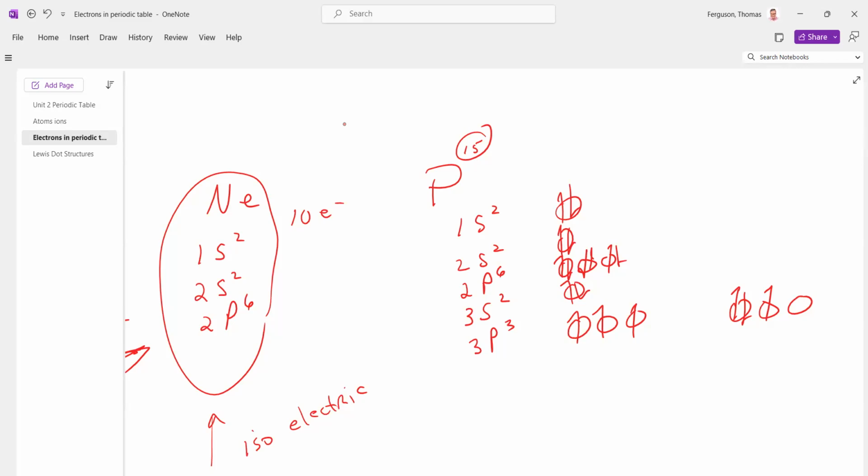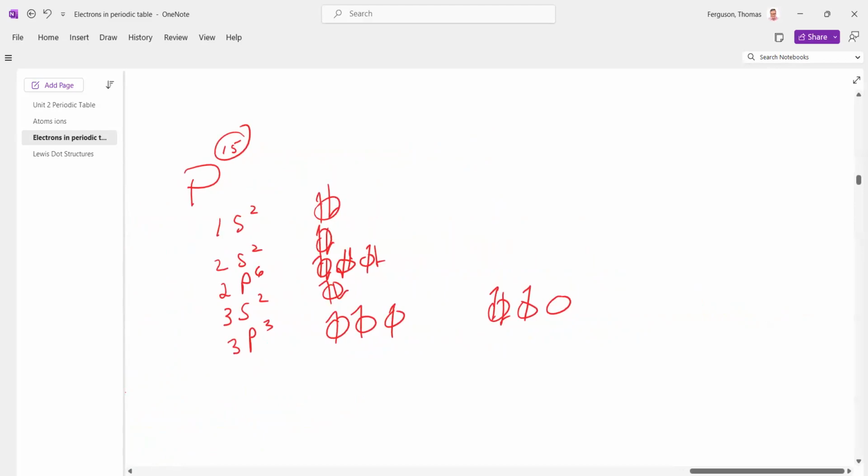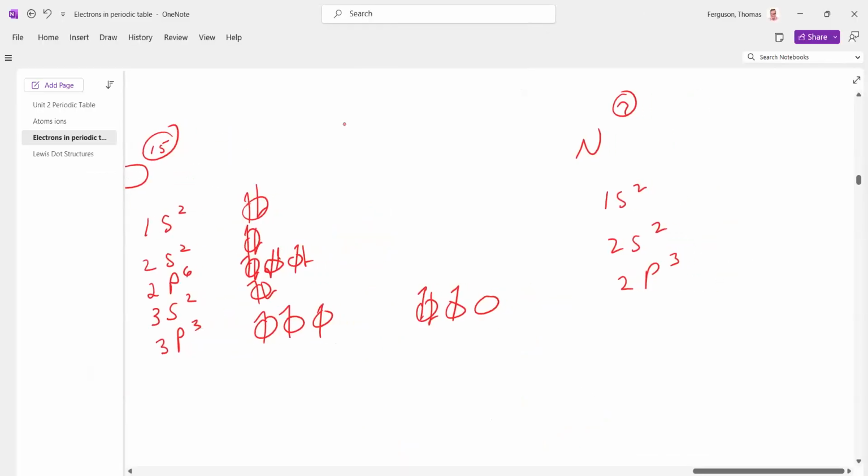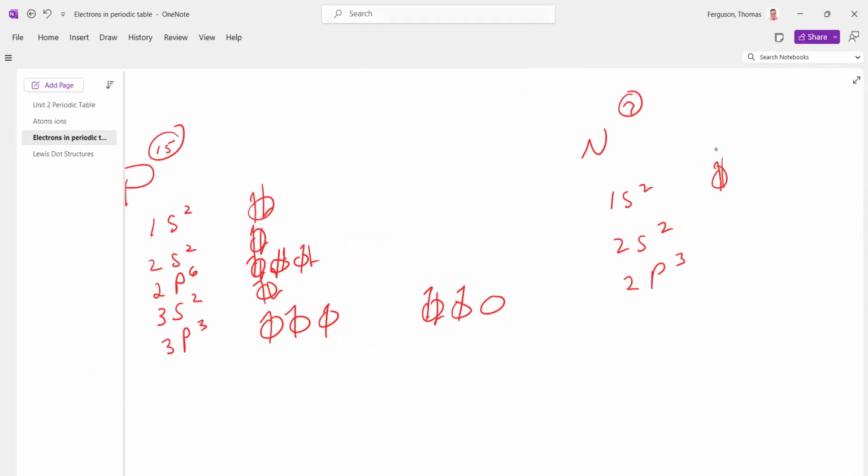So if you look at nitrogen, nitrogen's above phosphorus, so it has 7 electrons. So that's nitrogen.